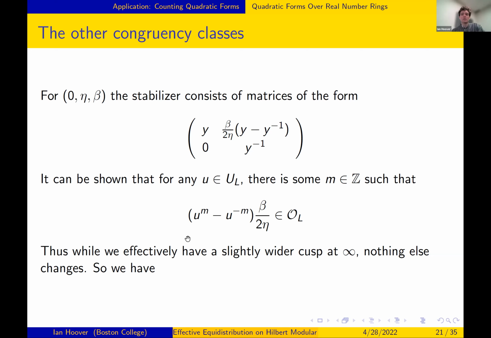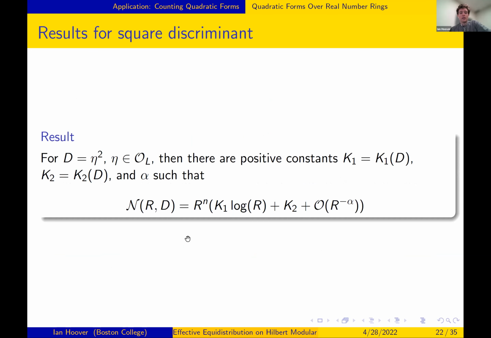It affects the scaling parameters on the main term of the equidistribution, but nothing else really. Then we can use our equidistribution result and sum over the counting on each of these congruency classes of forms, and we get our counting result.